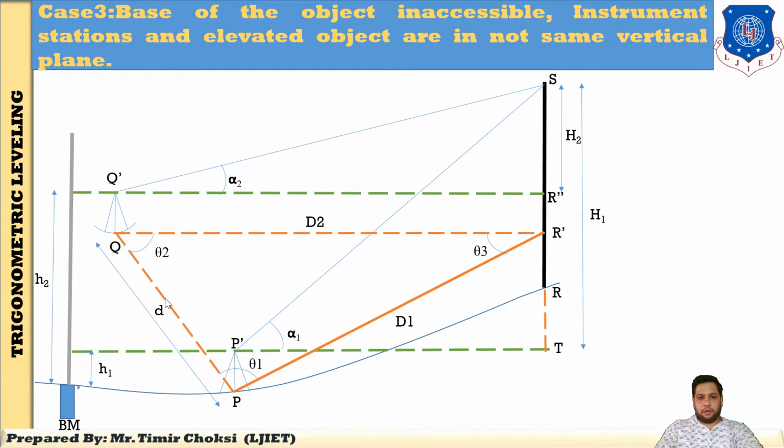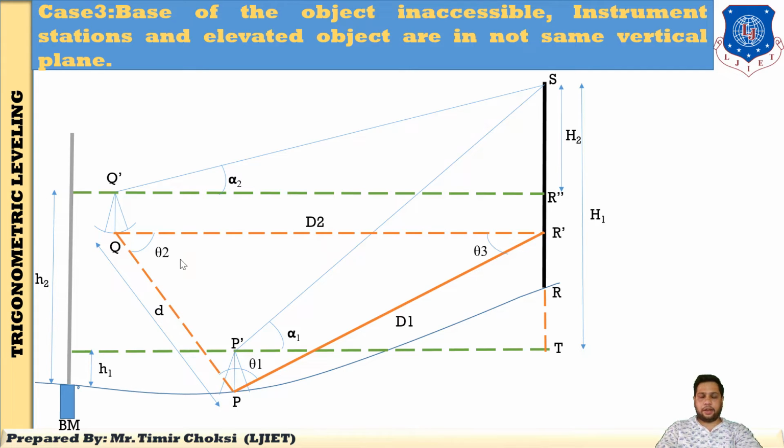So now in this particular case you have to find the horizontal angles between P, Q and R. Theta 1 is a horizontal angle, theta 2 is the horizontal angle between R, Q and P, and theta 3 will be the horizontal angle from P, R dash and Q. So you have to find theta 1 and theta 2 using the theodolite with the repetition method.